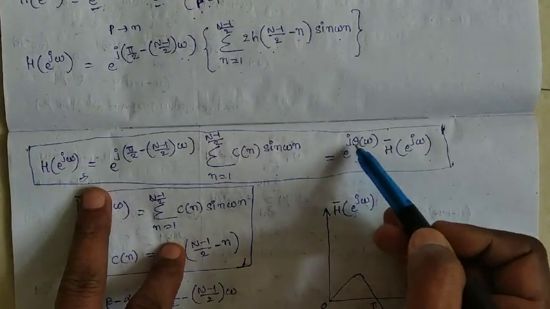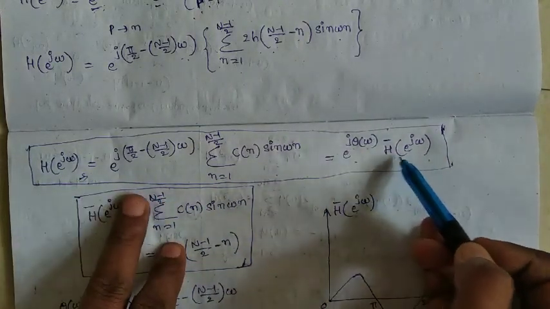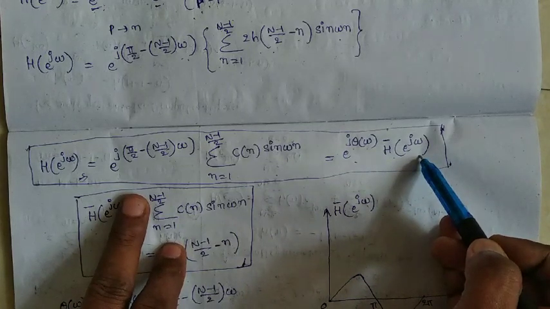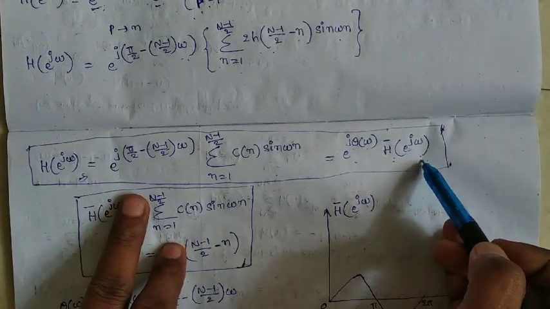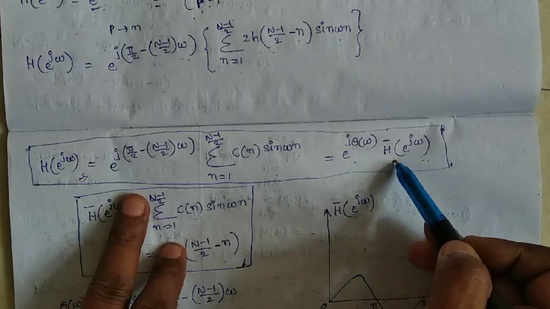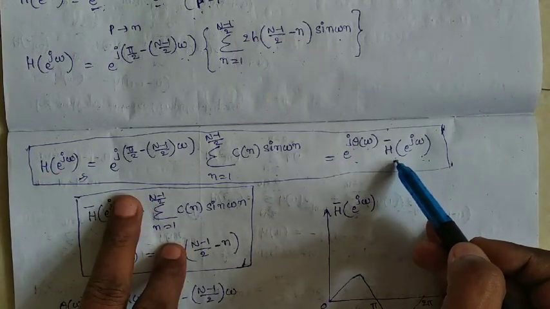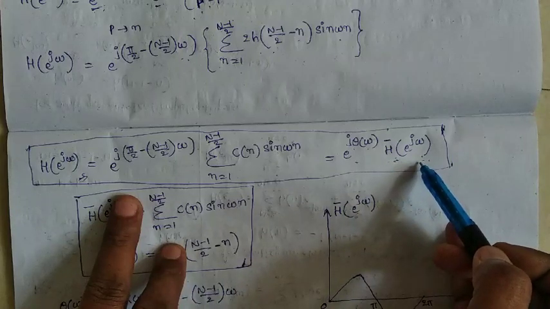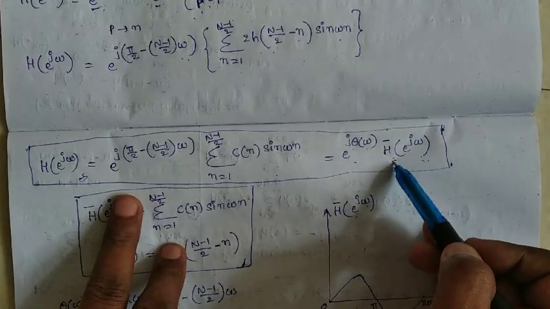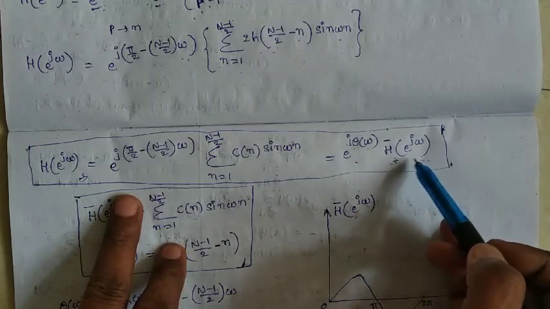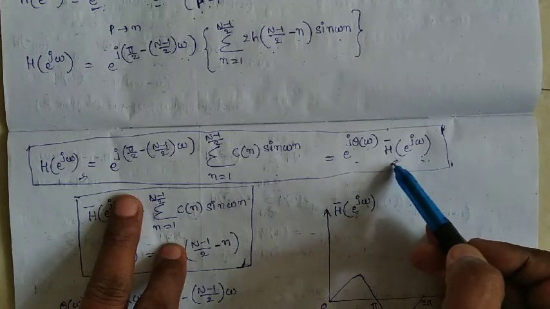That means e power j theta of omega, H bar of e power j omega. Here H bar of e power j omega represents the zero phase response of linear phase FIR filters, the zero phase frequency response of FIR filters.